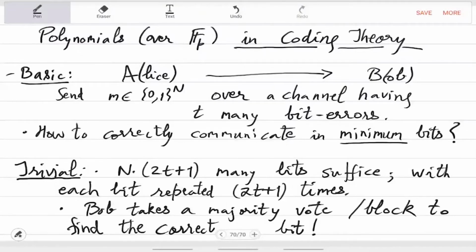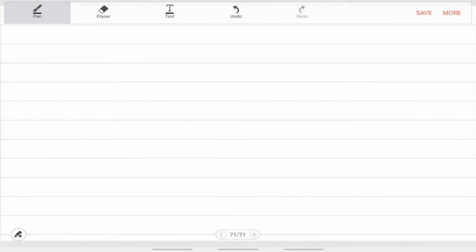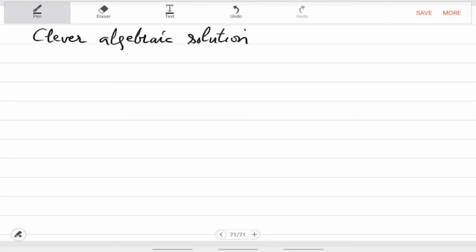So what is the solution? We'll see many, or at least one clever algebraic solution. In all these practical solutions, finite fields are involved. So these are algebraic solutions. That is due to Reed and Solomon.